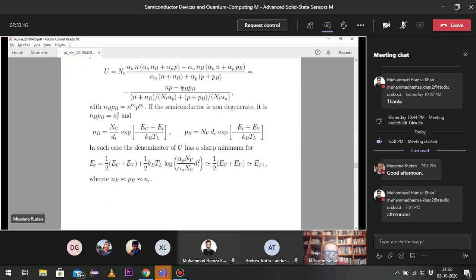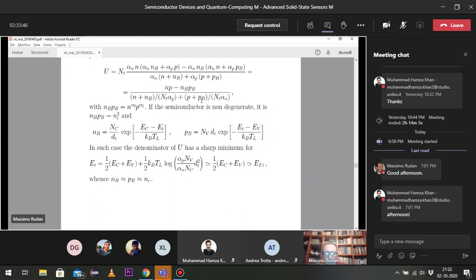So globally, the numerator of this expression does not contain the energy of the trap. Instead, the denominator does, because NB here, you can see it below, is proportional to the exponent of ET over KT.